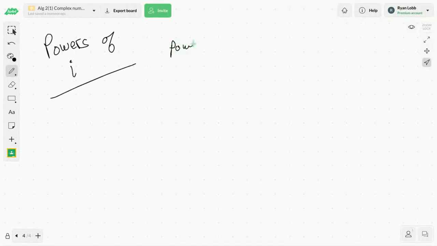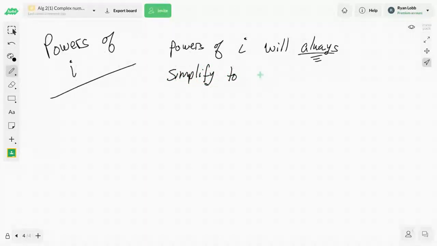When i is raised to a power, powers of i will always simplify to either 1, -1, i, or -i. Okay, so we're never going to have powers greater than that. And you can have them, it's just that they always are able to simplify to one of those four.